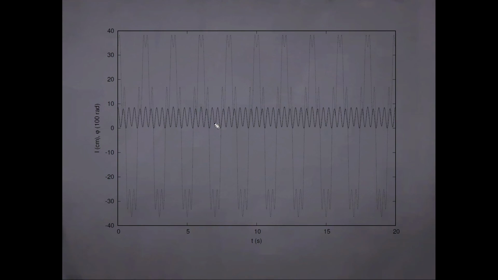So what I've assumed here is that I have a higher initial stretching and a higher initial angle of the motion, and I'm assuming that the two frequencies are a bit closer together than they were initially, but still far enough away from resonance so as to let the perturbative solution have sense.